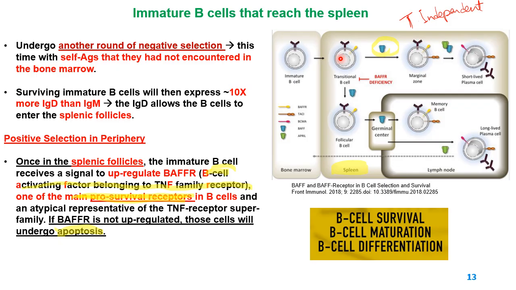So we don't have long-term memory cell development, and eventually you have to be taking boosters of the vaccine, because it is really activating your B cell by T-independent pathways. Okay. All right. So this is T-independent activation.